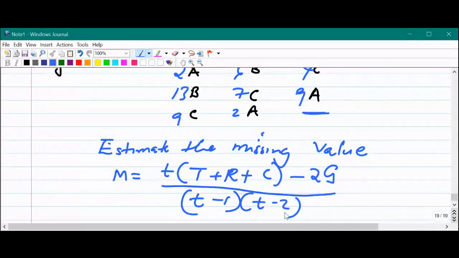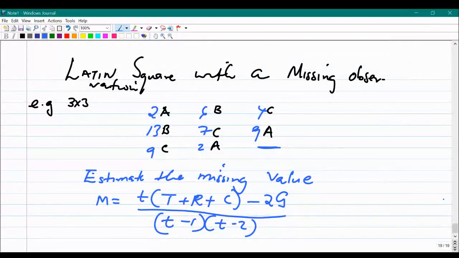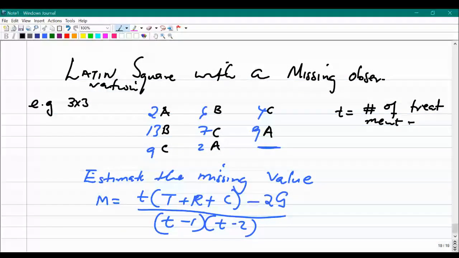That is the formula used to estimate a missing observation, where small t is the number of treatments. In our case, how many treatments do we have?